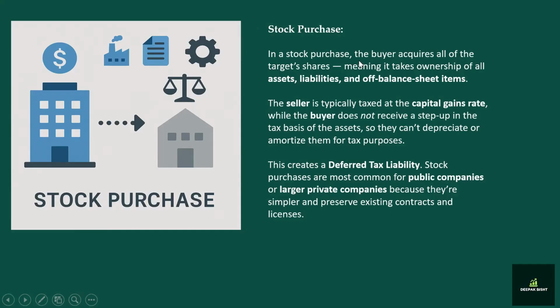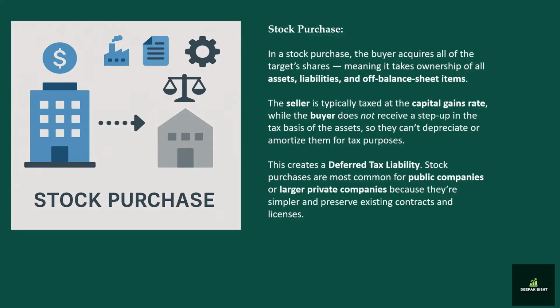The tax impact here is that the seller pays the tax on the gain from selling their shares, like selling stock on the stock market. That's usually taxed at a capital gains tax rate, which is lower than ordinary income tax. The buyer doesn't get to revalue the company's assets for tax purposes.